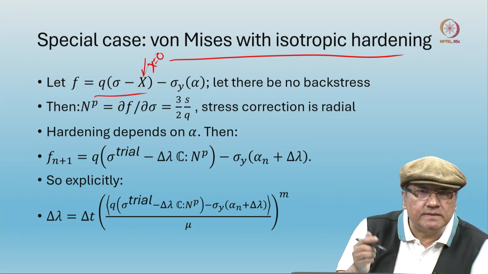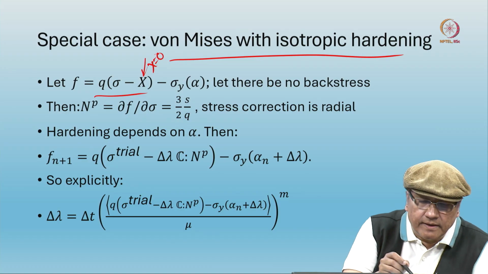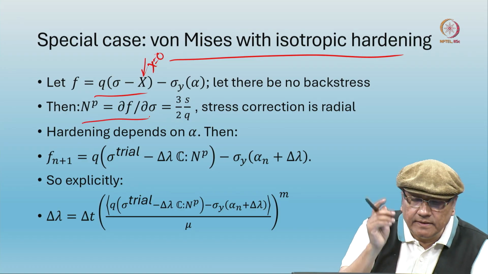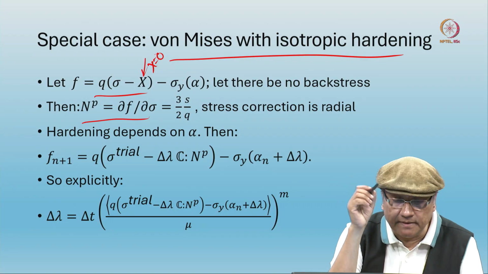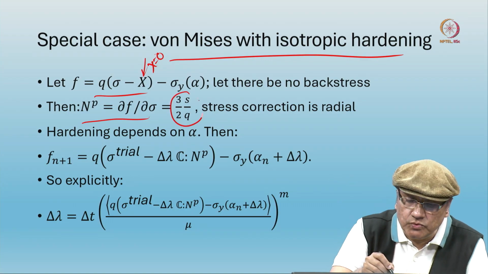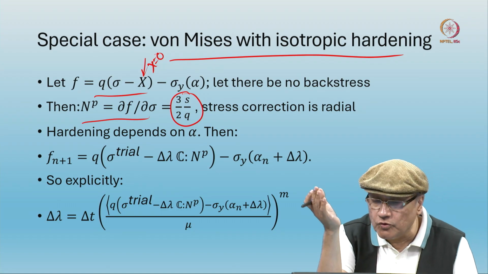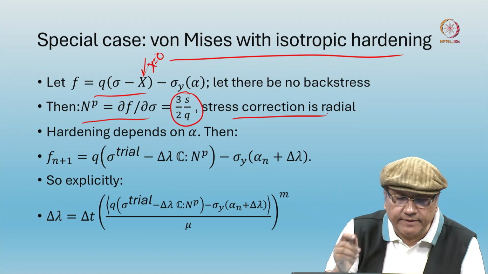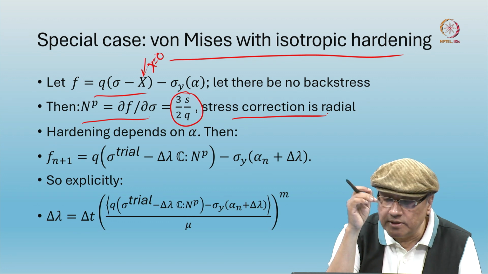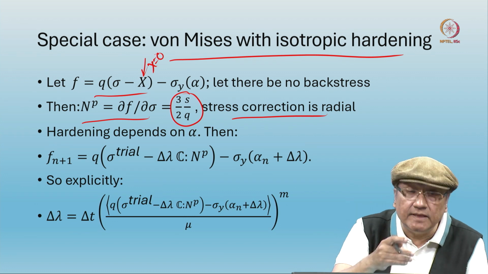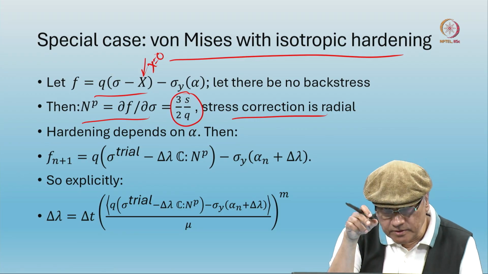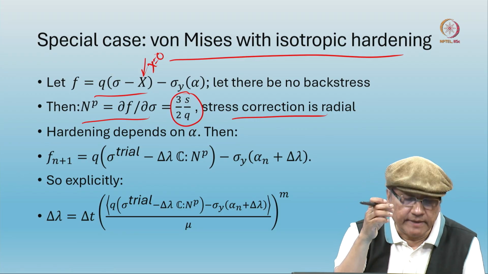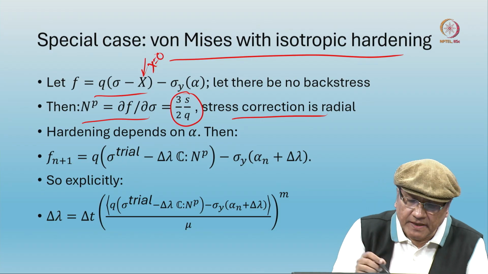So, there is only one flow direction here, n p is del f by del sigma, which is given by 3 by 2 S by Q. S is the overstress, and this stress correction is essentially radial, because del f by del sigma is the radial direction for the corresponding yield function f.